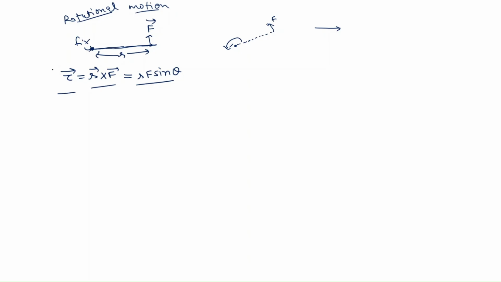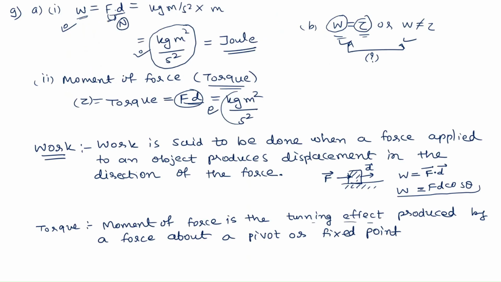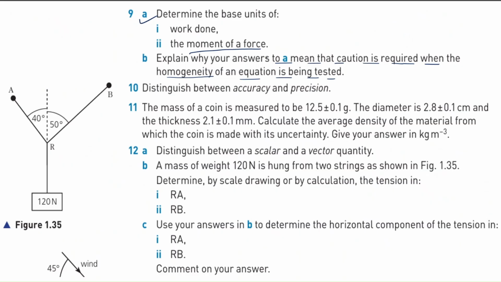This is a different situation than here, so we cannot say work and torque are the same. Their units are the same, but the physical meaning is different. So the answer B is this one.